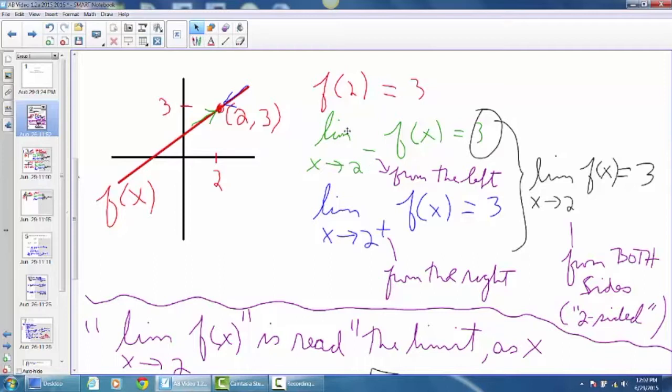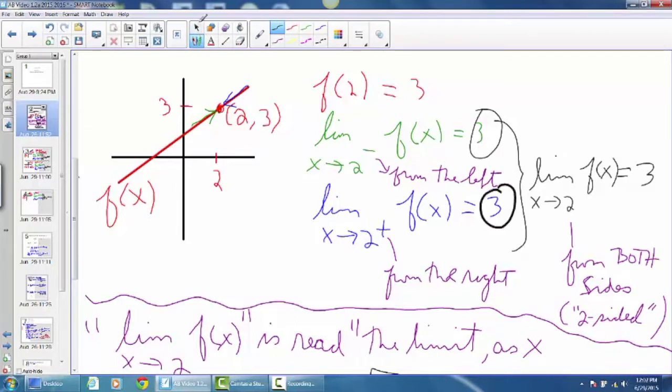Now, because the limit as x approaches 2 from the left of f of x and the limit as x approaches 2 from the right of f of x are both equal to 3, we are able to conclude that the two-sided limit, notice there's no plus or minus up here, of f of x as x approaches 2 is equal to 3, because both of these are equal to 3.